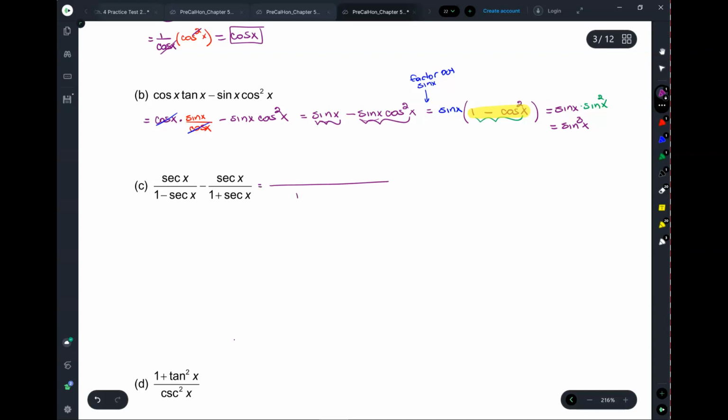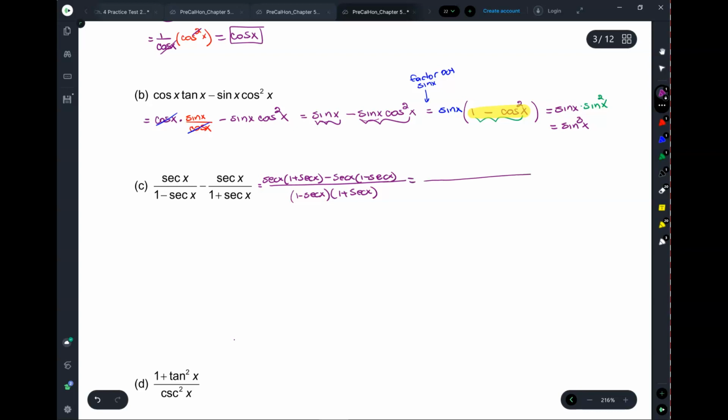The common denominator is 1 minus secant x, 1 plus secant x. So when you multiply the first fraction by the common denominator, you have secant x, 1 plus secant x, minus, multiply again, secant x, 1 minus secant x.